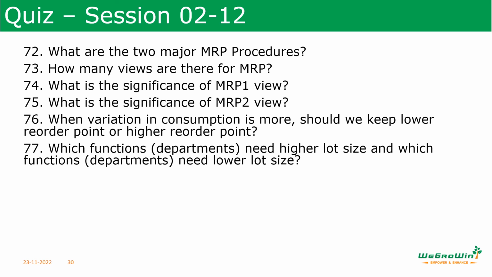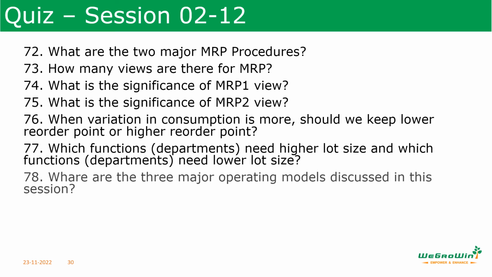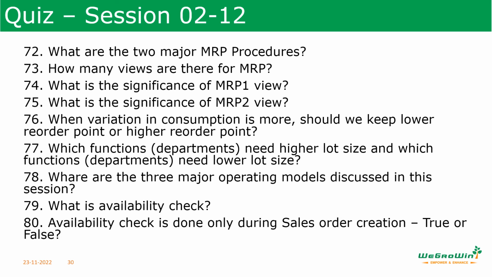Which functions, that is departments, need higher lot size and which departments need lower lot size? What are the three major operating models discussed in this session? What is availability check? Availability check is done only during sales order creation. True or false? So these are the questions for this session. We'll see the answers in the next session.